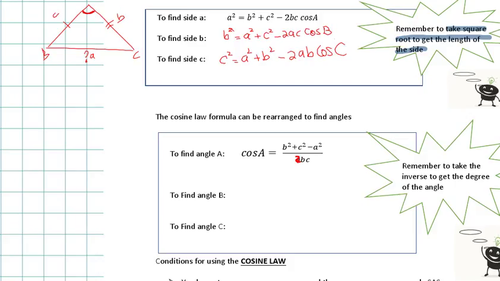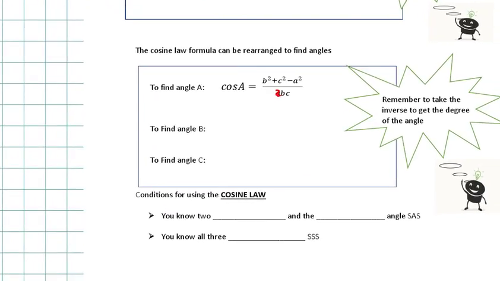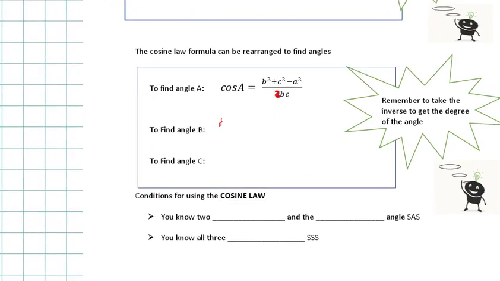Do you guys have an idea what the cosine B might be? b is a squared plus c squared minus b squared over 2ac. You see that the angle and the letter at the end, they're going to match. And then cosine C is a squared plus b squared minus c squared over 2ab.